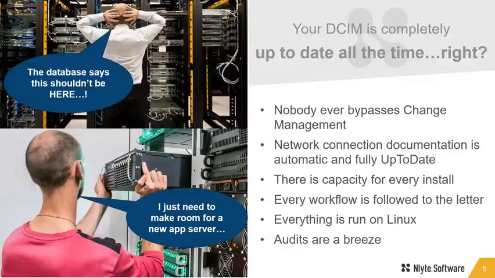But there are times when change happens inside our environment that's outside of the process. It just happens. We need to install these boxes really quick, or we need to add new memory modules, or new CPUs, or this new software. Some of these changes outside a process are legitimate, they should happen, it's an emergency, we needed to do it, but sometimes there are changes happening that shouldn't have happened.